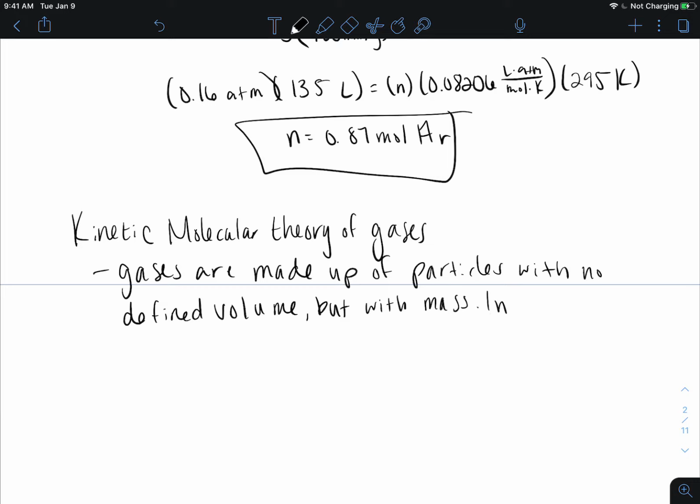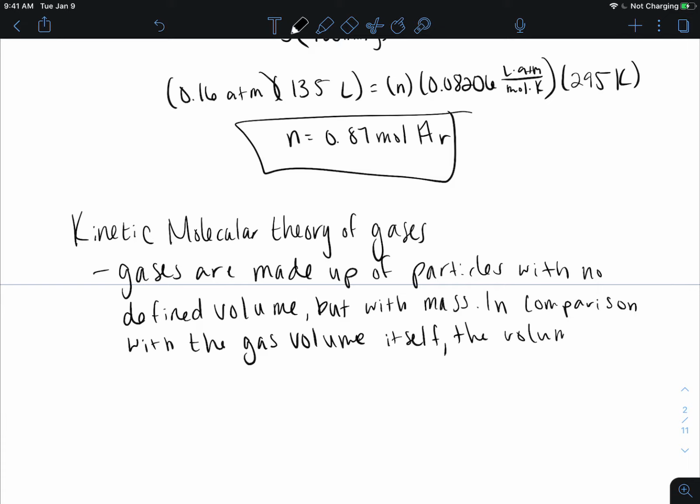So in comparison with the gas volume itself, so how much volume the gas is occupying, the volume of the particles is insignificant.